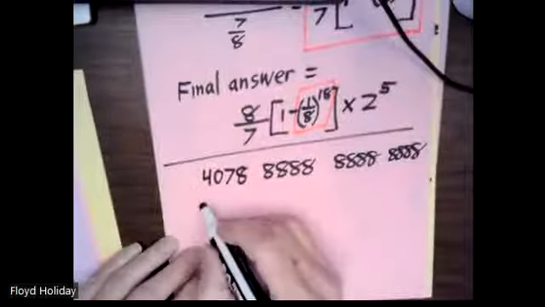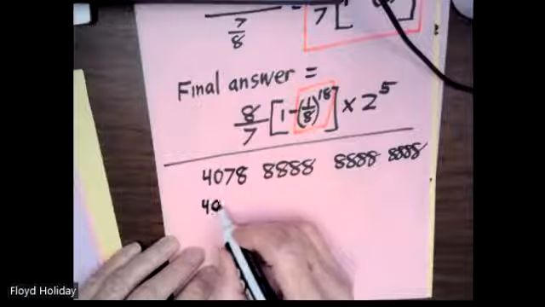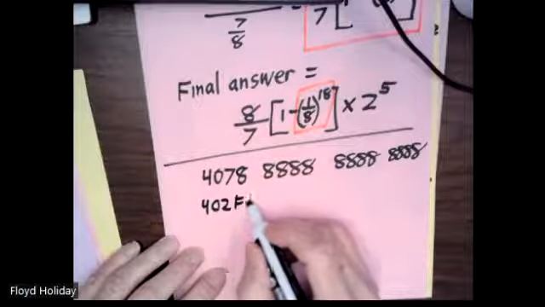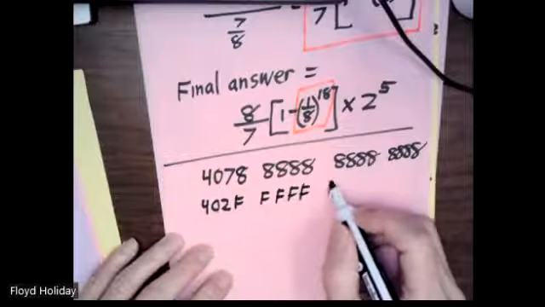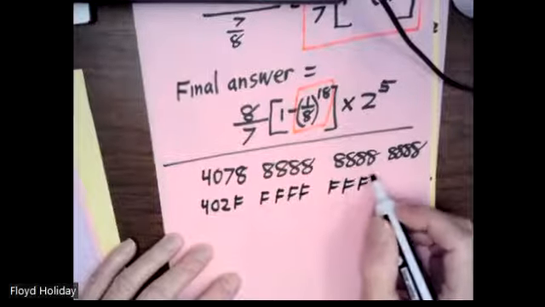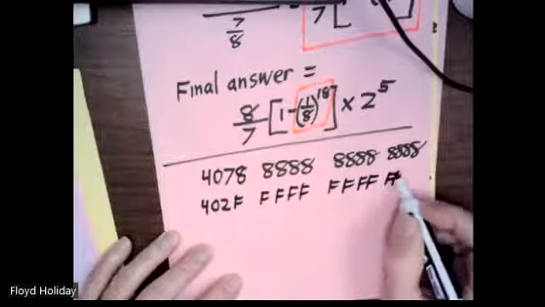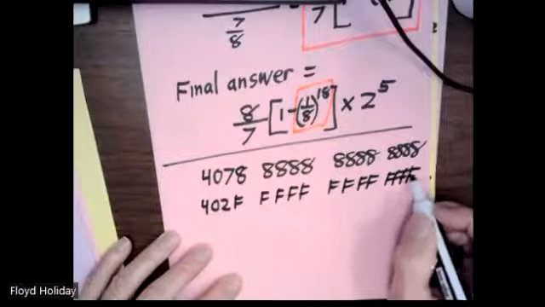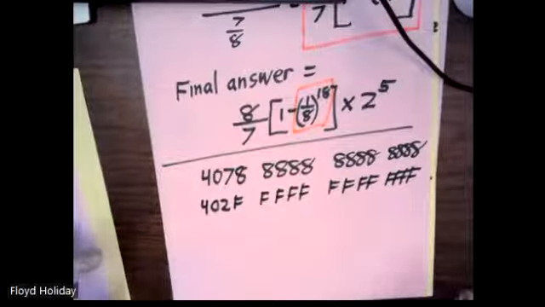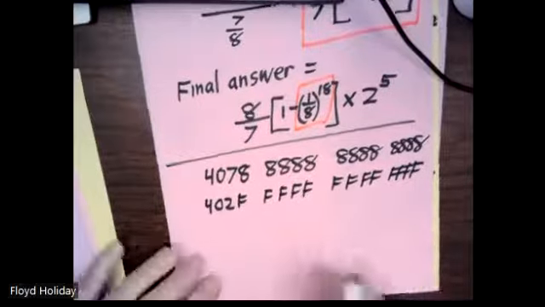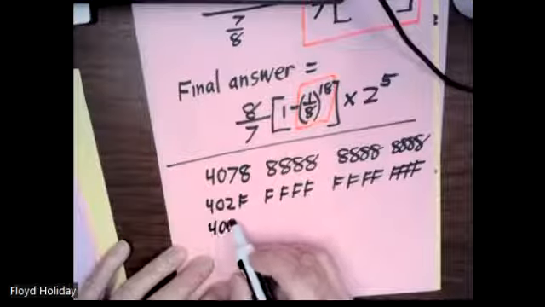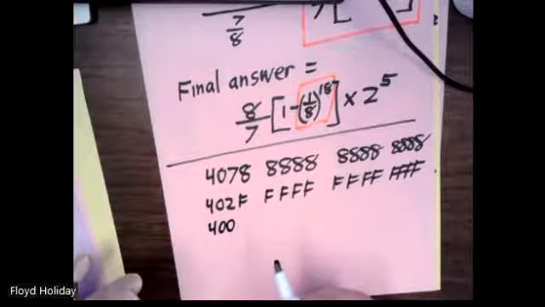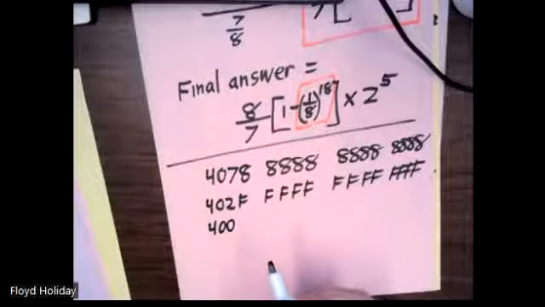You can try 402 FFF. How's that one? That's a mantissa that's all ones. That's not bad. How about a 400? We could do 400 111.